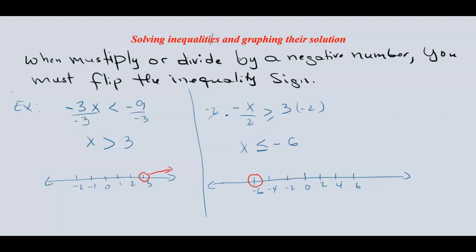Because it's less than or equal to, we close the circle, or shade inside of the circle. And because it is less than, we have to draw a line on the left of the circle. So that is what the graph will look like.